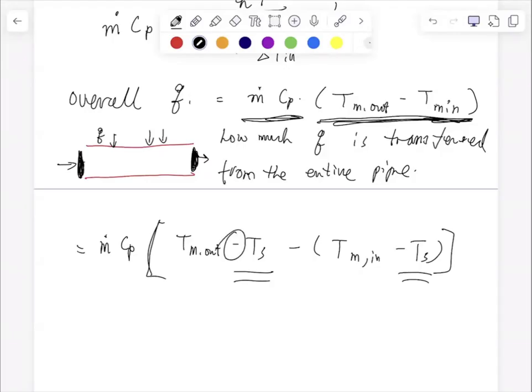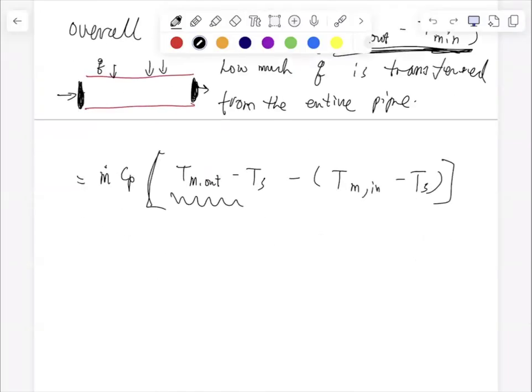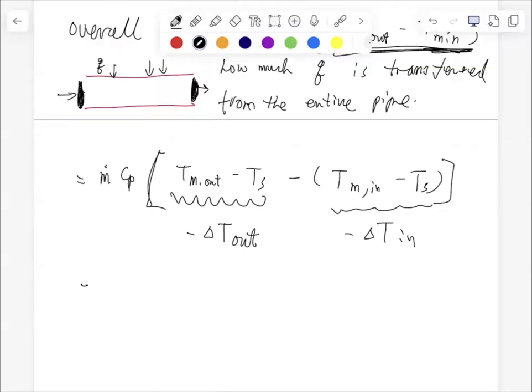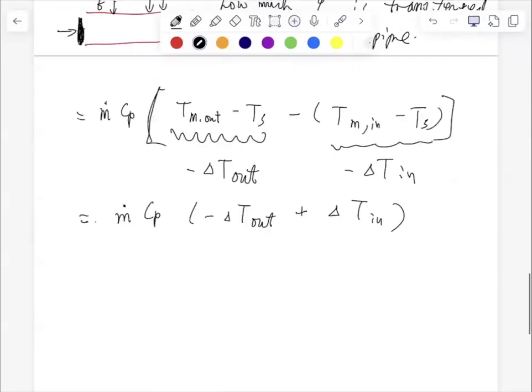If you look here, it's a negative sign, and then this is a positive sign, so these two Ts cancel each other. It doesn't change the mathematics. However, here it is the delta T outlet, and this is the delta T inlet, as you can see, right? So I can rewrite it as equals mCp times minus T outlet plus T inlet.